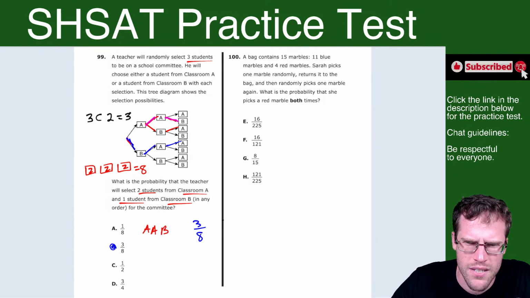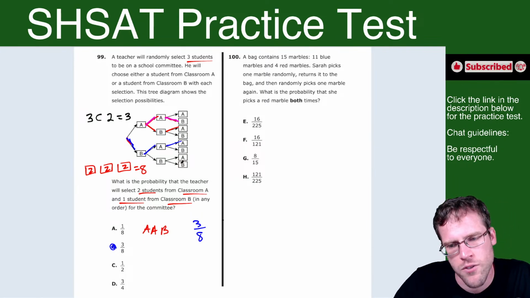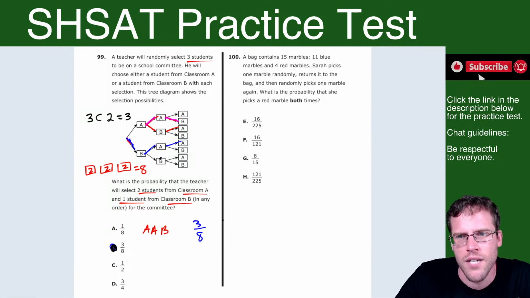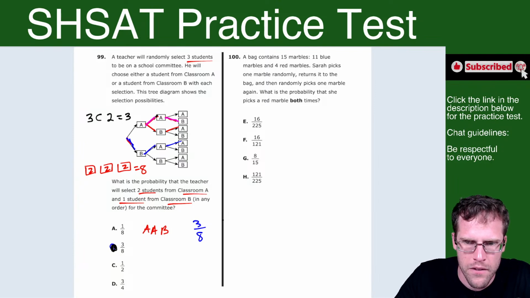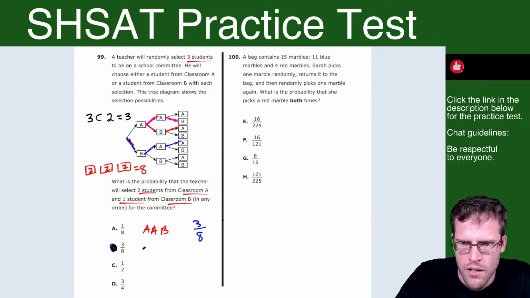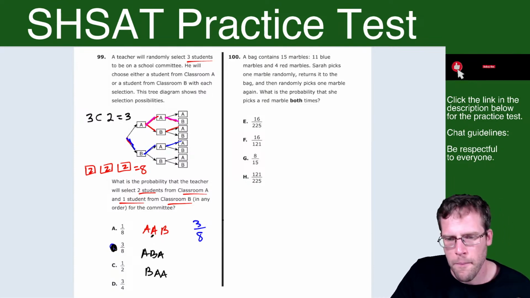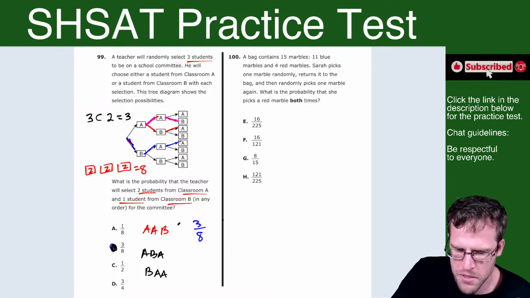That's why I'm thinking 3 out of the 8 total is the shortcut I'm doing in my head. But if we use the tree diagram, then you're just looking for how many different strings: AAB, ABA, and BAA. Those are the possibilities for having 2 A's and a B.